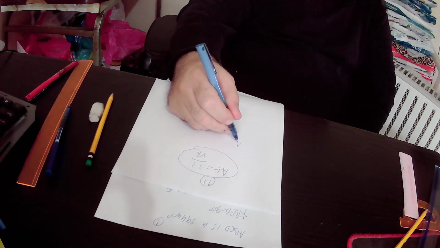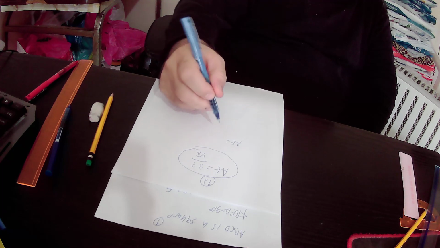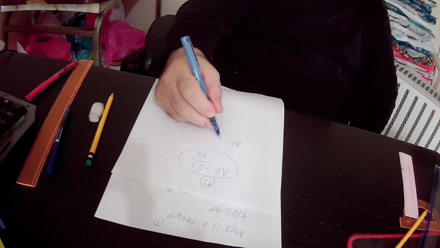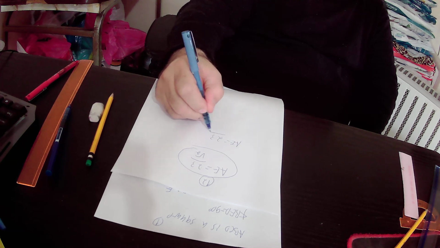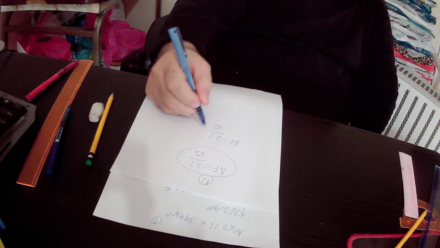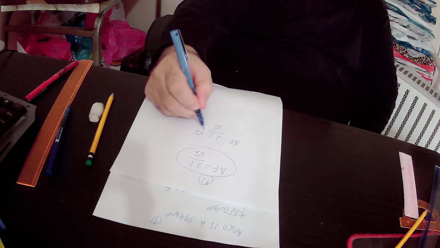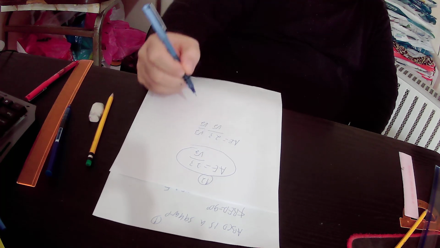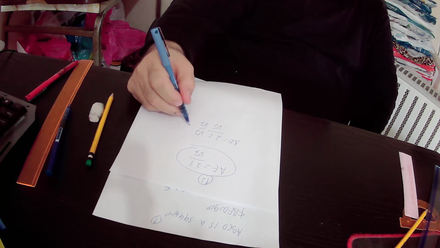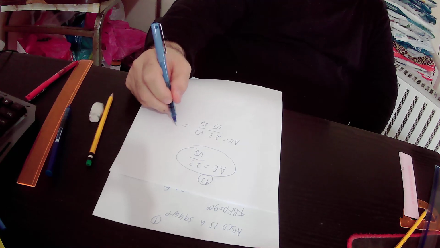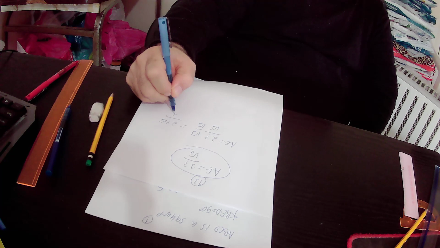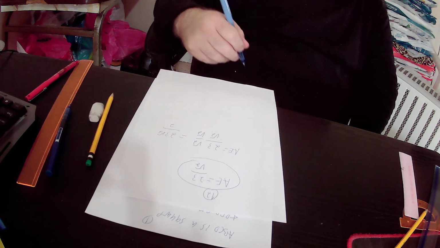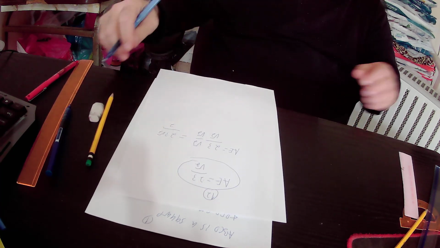We get that it equals 2 times 3 times root 2 over 2. 2 over 2 is 1, so the 2 gets cancelled.